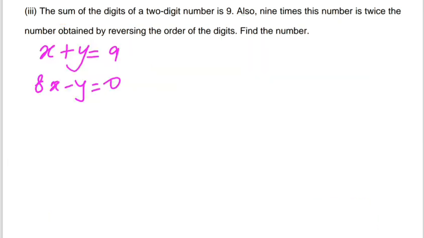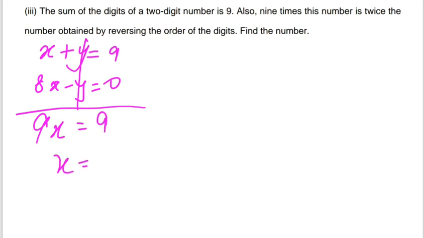So these are our equations. We can simply eliminate the variable y without changing the signs, because it is plus y here and minus y there. So x plus 8x is 9x, and here 9 plus 0.